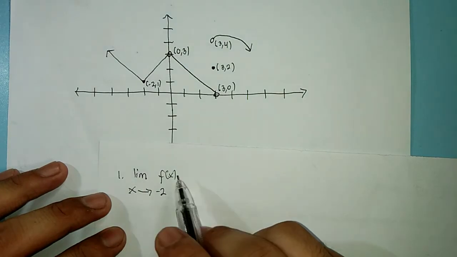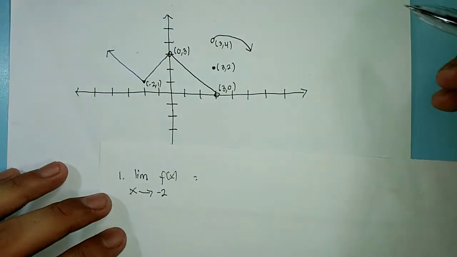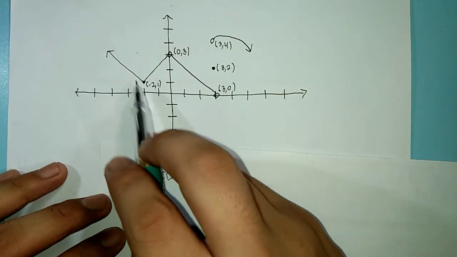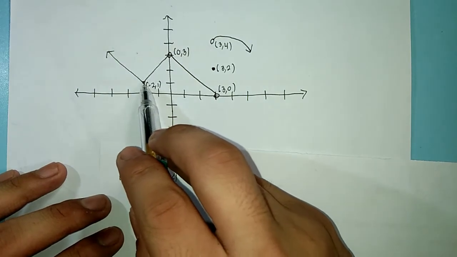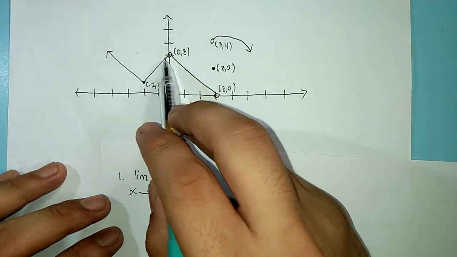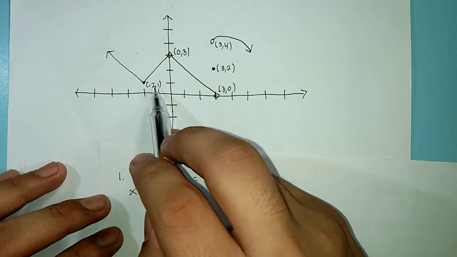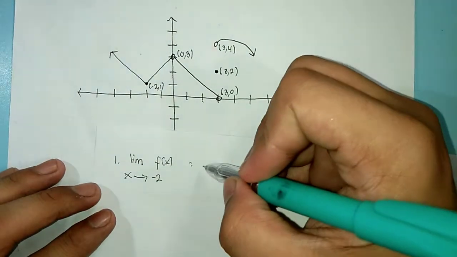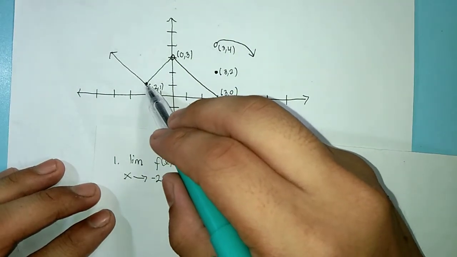We look at the values of x approaching negative 2, and the graph approaches here. On the right side, as it approaches negative 2, it also goes down, approaching the point negative 2, 1. So the limit as x approaches negative 2 will be 1, because the values of f of x approach 1.